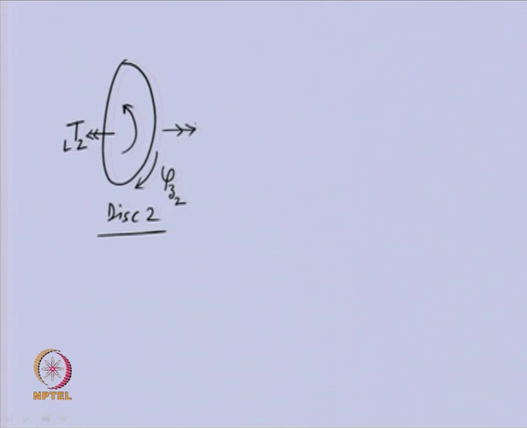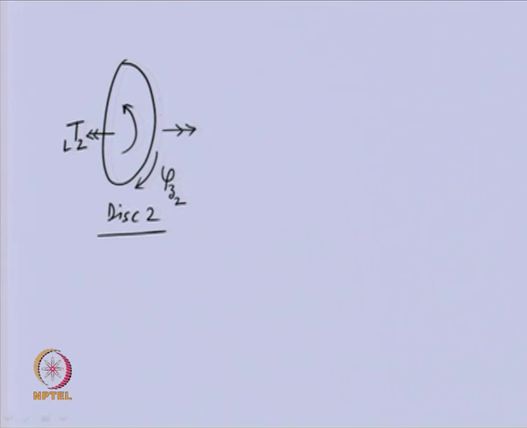This is the positive convention we have used for this angular displacement, and there is another torque coming from the right side of disk 2, because both ends of the disk are connected by shaft, and we have removed the shaft to obtain this free body diagram.